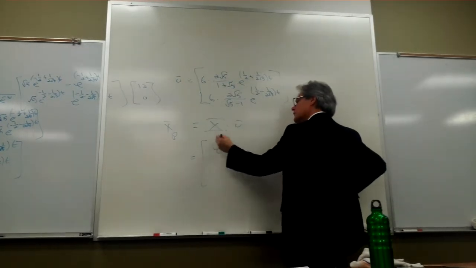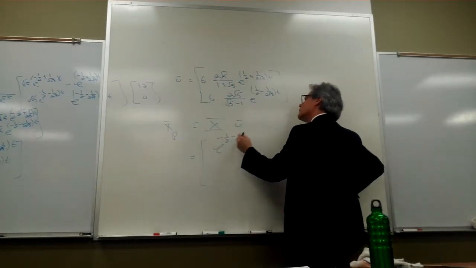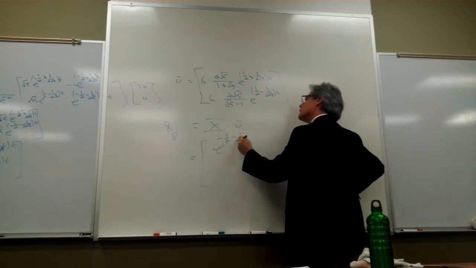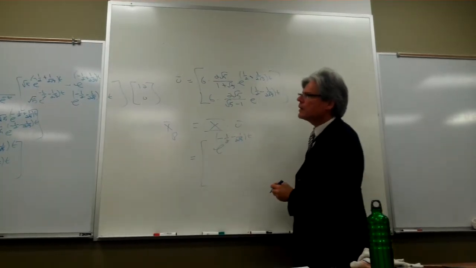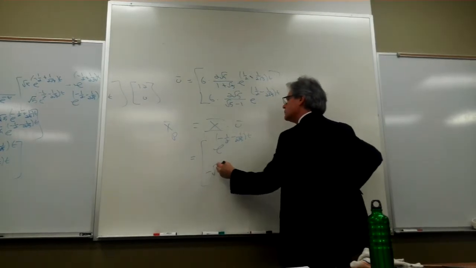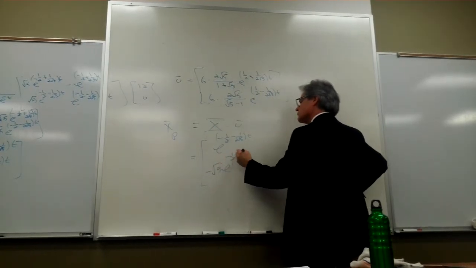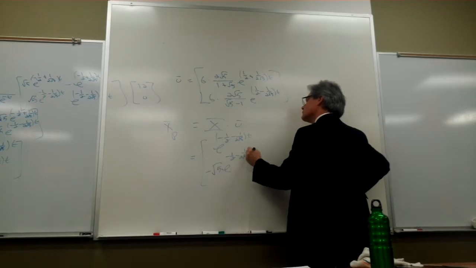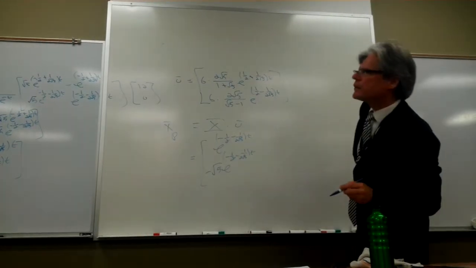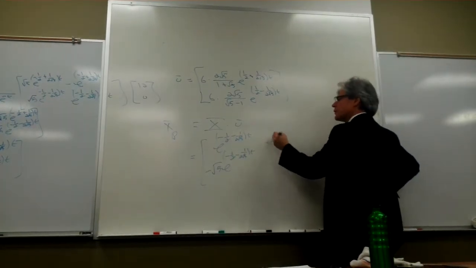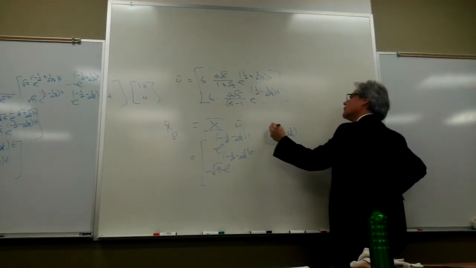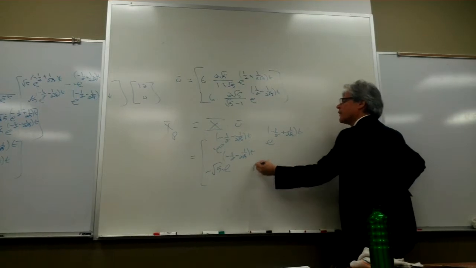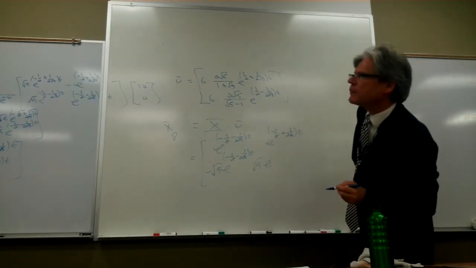E to the negatives, at negative root 5 e to the same power. My next column is e to the different exponent. And then root 5, I think, times e to the same exponent.